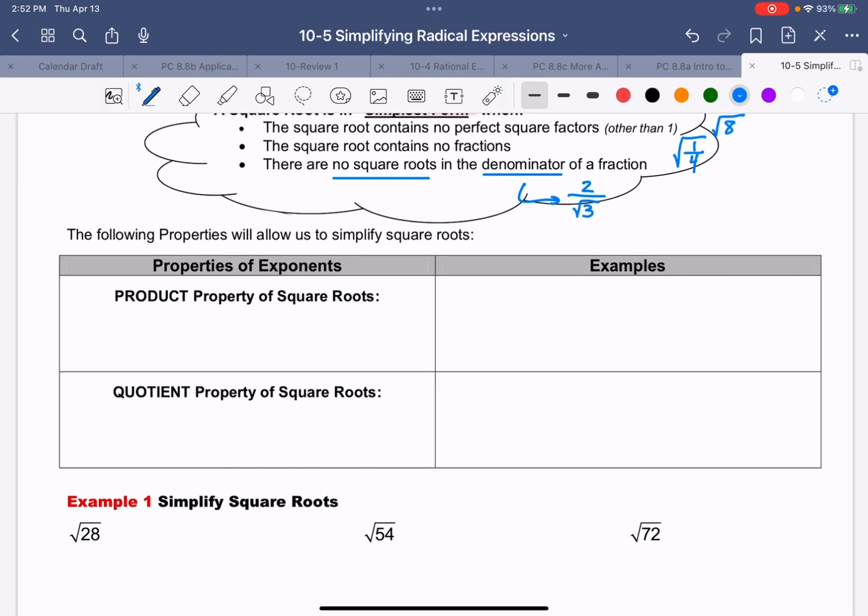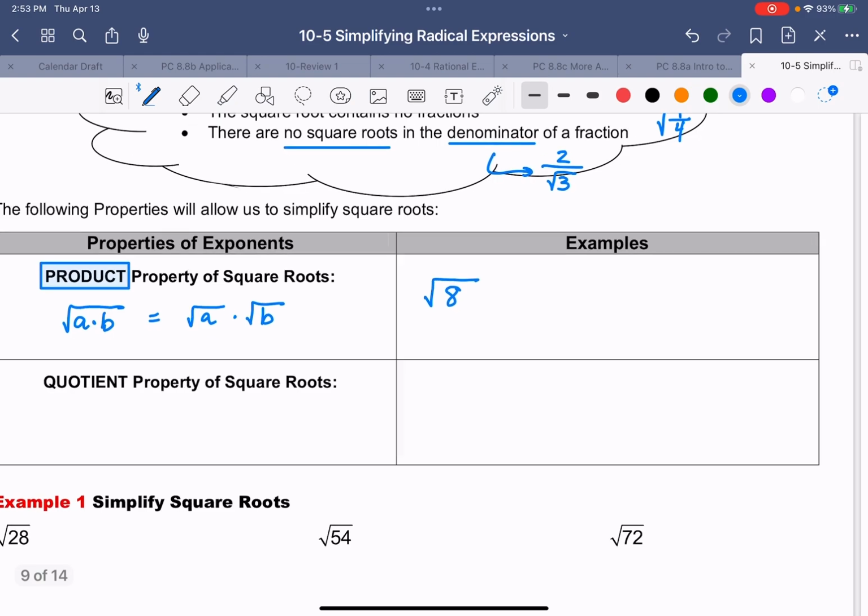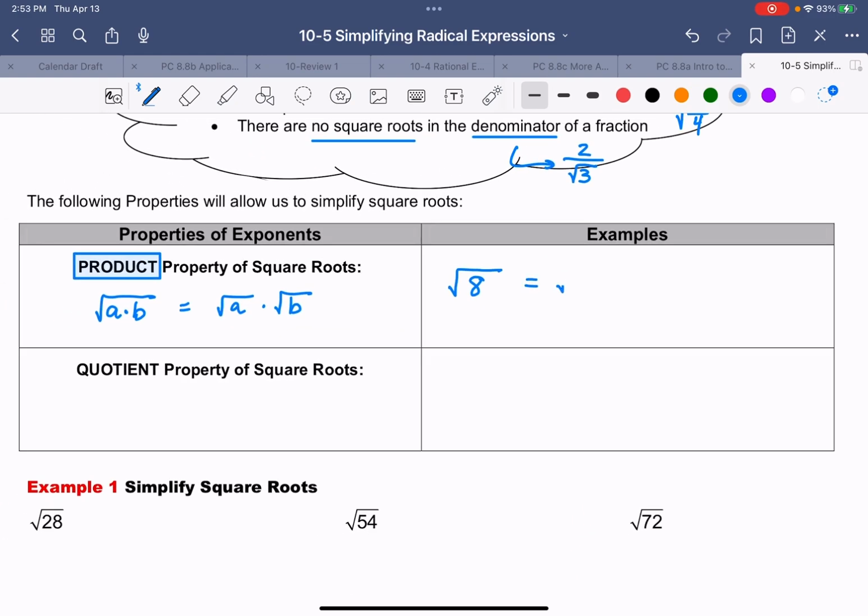Two properties will allow us to simplify square roots today. We've got the product property of square roots, product meaning multiplying. That means that if I have a product of two numbers under a square root, I can break them up into square root A times square root B. So if I have square root of 8, we can break this up into a product: square root of 4 times 2, and 4 breaks down into 2 times 2, and I still have that other 2.